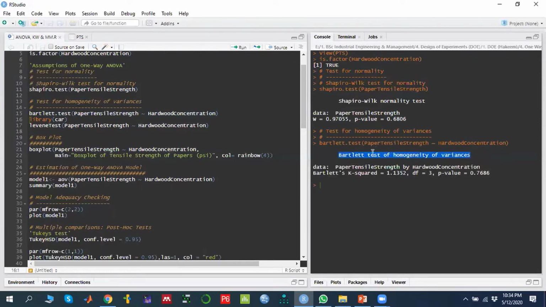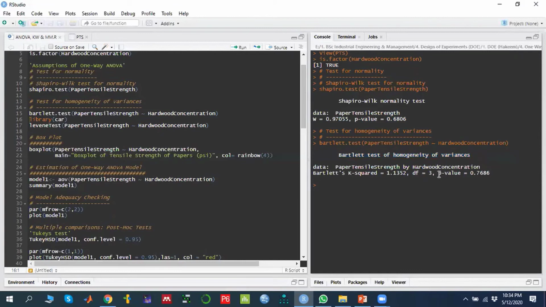And what was H0? H0 was that the variance at 5% concentration is equal to the variance at 10% concentration, as well as the variance at 15%, as well as the variance at 20%. So all four variances are equal, whereas H1 is that at least one of the variances is different from the others, or you can say not all variances are equal.